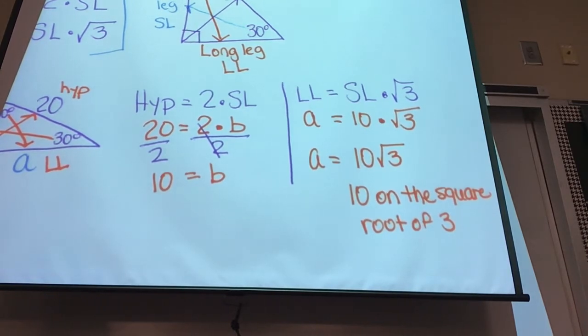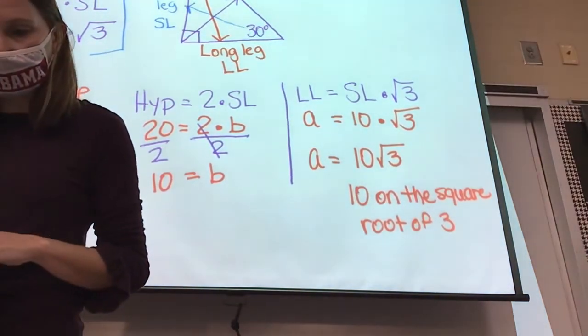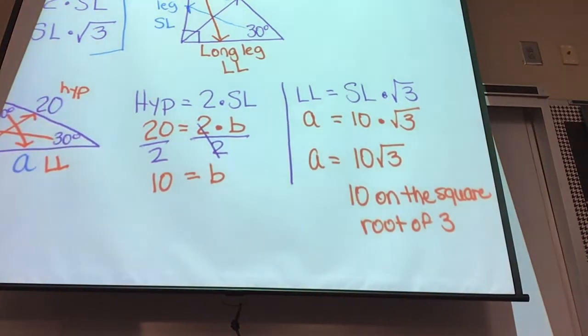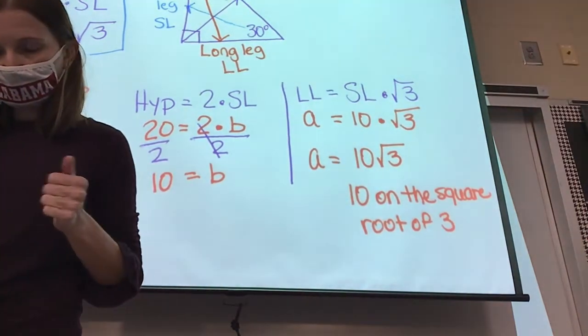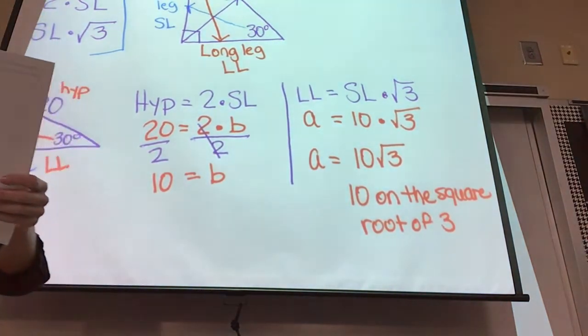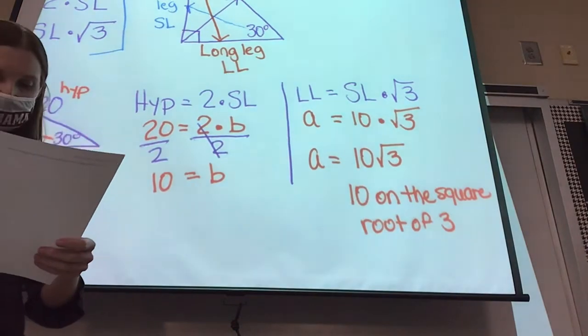Okay, now we're going to actually do one off of the worksheet that I've got you. We're going to do number, if I can figure out which one I wrote down. I believe it's number 11. Yes, we're doing number 11. I'm skipping around on a lot of these.